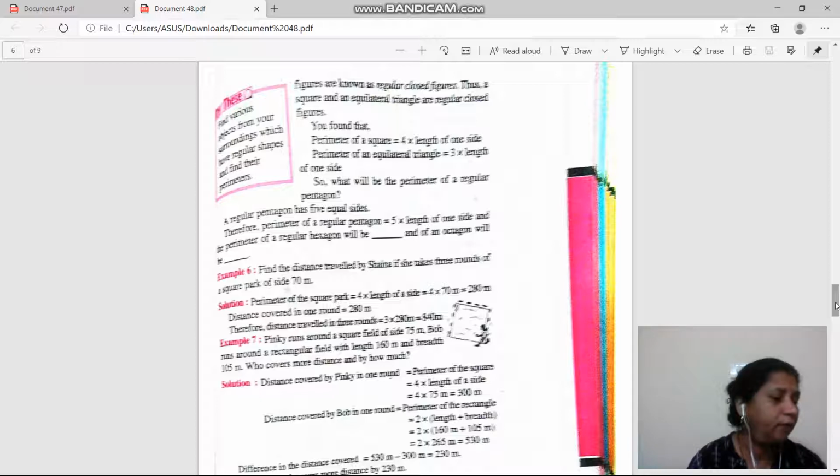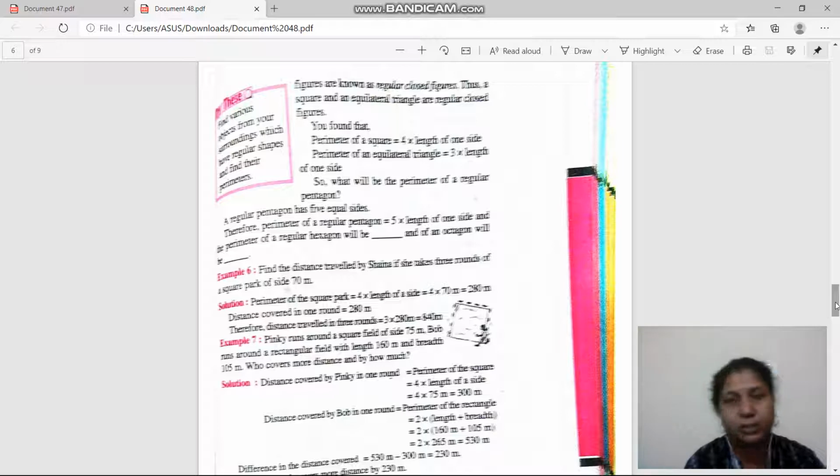You find the perimeter of a square is equal to 4 into the length of one side. And what about the equilateral triangle? The perimeter of an equilateral triangle is equal to 3 into the length of one side. So what will be the perimeter of a regular pentagon here?